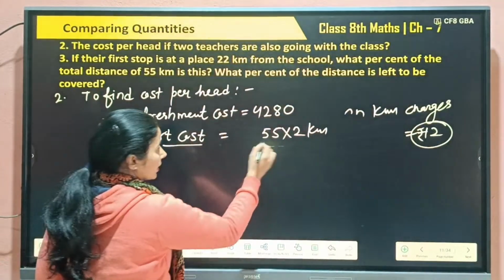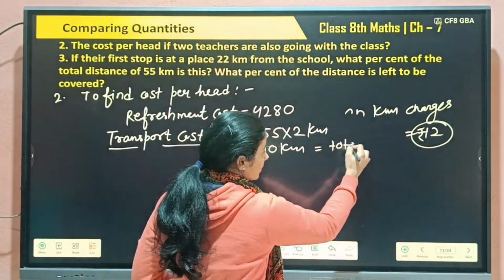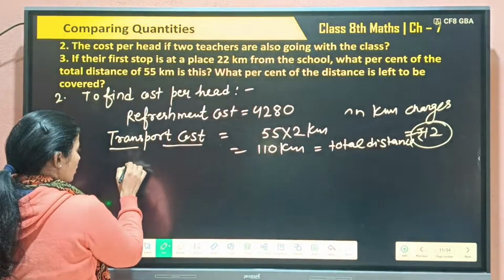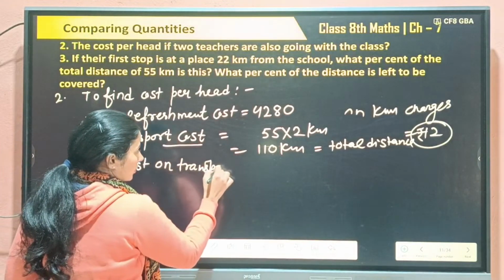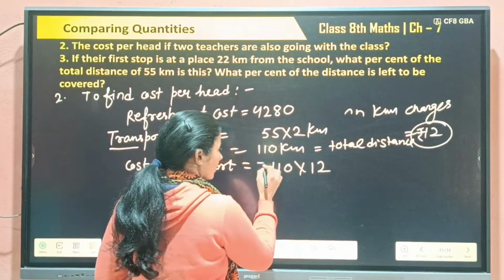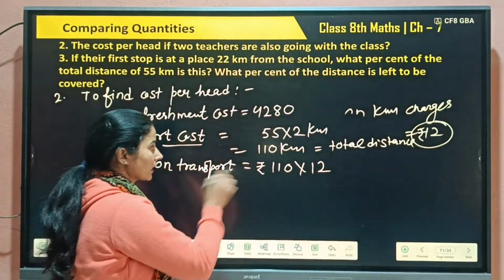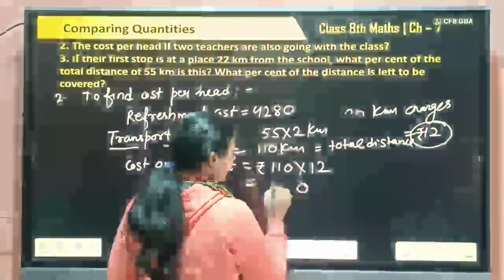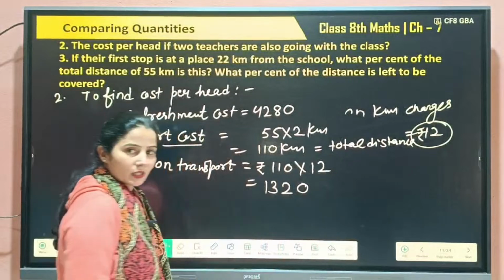We want to find out, this 110 kilometer is the total distance, and cost on transport will be 110 into rupees 12. On 1 kilometer charges are 12 rupees, and on 110 kilometer charges will be multiplied by 12. It will be 1320 rupees.